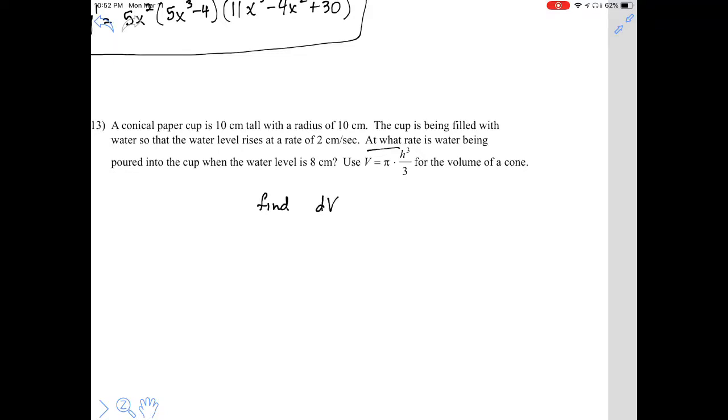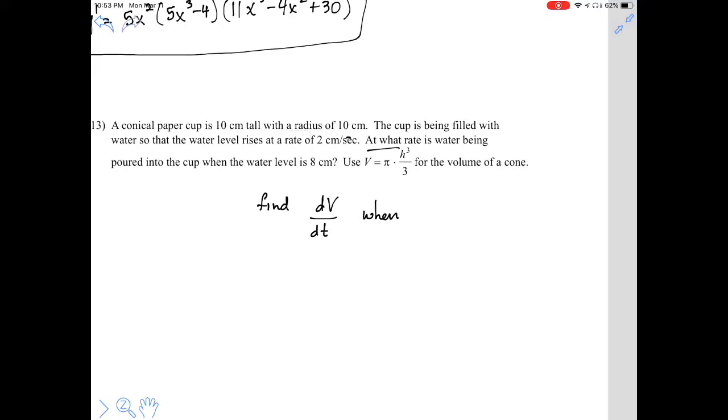So they're asking to find dV, or the rate of change of the volume. But a derivative has to be with respect to a variable. And you can tell that the variable is time because the given rate is in meters per second. So it's dV over dt. Now they've given us a rate right here.